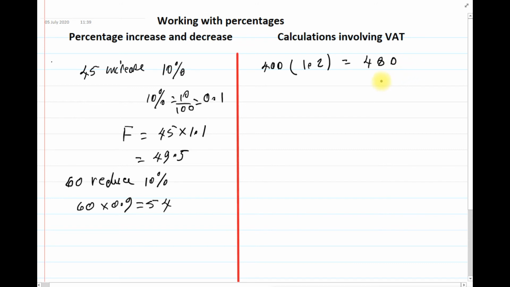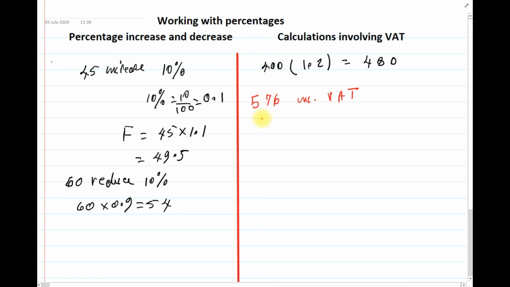But quite often we have prices which already include VAT, and we want to work out how much is the VAT on that price. Most businesses have to do that regularly. Supposing we have an item which is selling at £576 including VAT, and we want to work out the amount of VAT that we are paying on this.